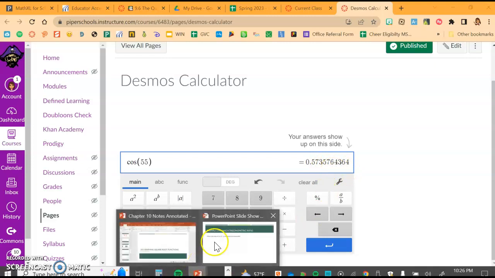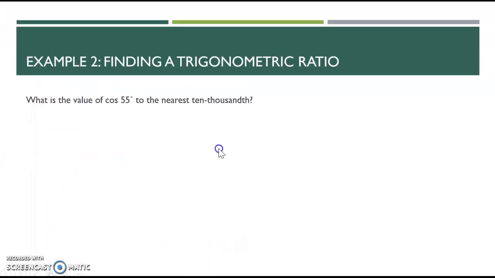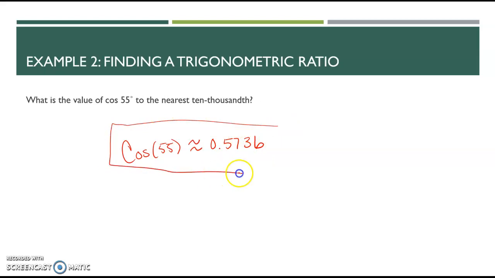So when I go back to write my answer, my cosine of 55 is going to be approximately, because there were still a whole bunch of decimals afterwards, 0.5736. And that is our approximate value of that calculation.